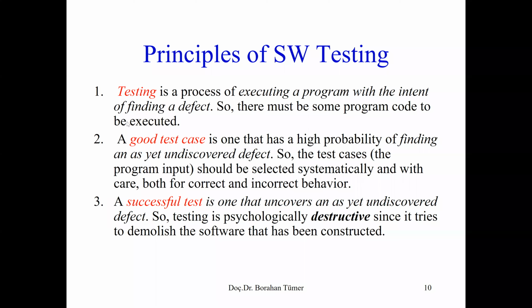Well, a good test case is one that has a high probability of finding an as yet undiscovered defect. So the test cases, the program input that is, should be selected systematically and with care, both for correct and incorrect behavior. So you will see in our example, in the coming slides, that we should test the system for its correct and incorrect behavior.